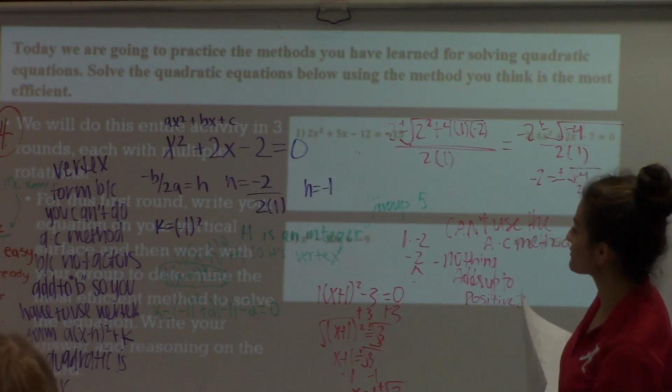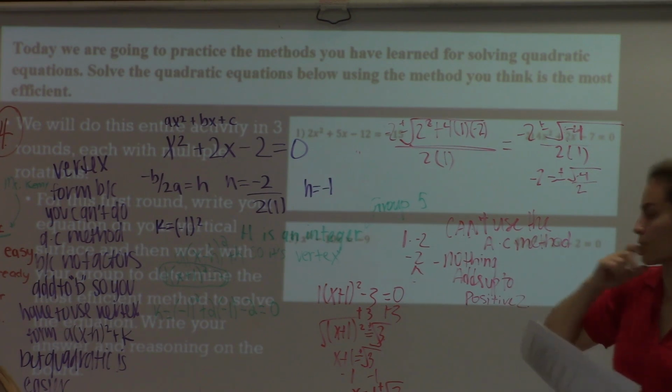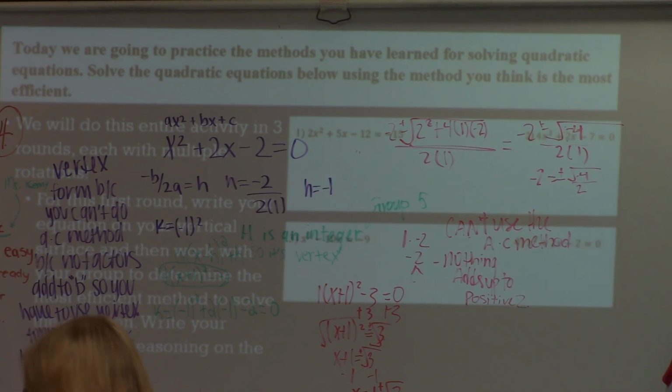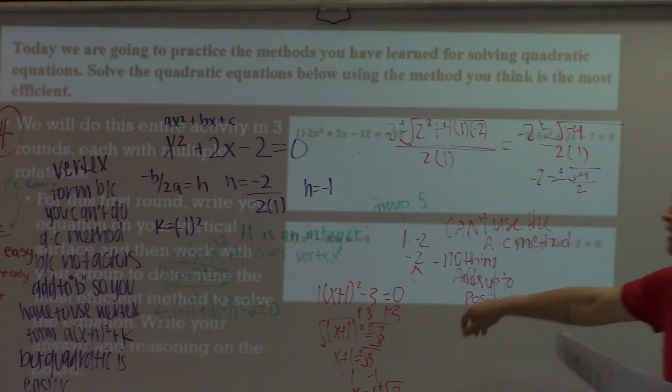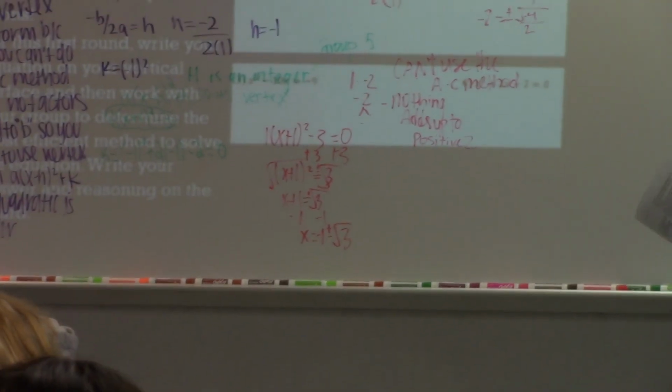So then you moved on to vertex form, but y'all weren't the group that did this, so did vertex form work? We didn't finish it. We don't know. So you're not saying that you agree to use the quadratic formula and give them a solution?